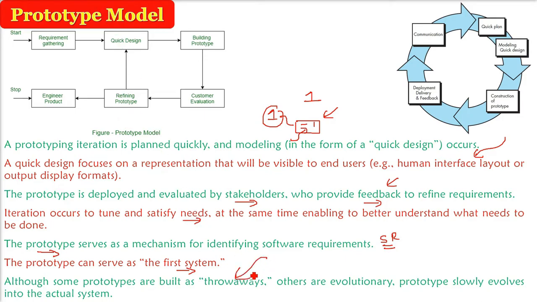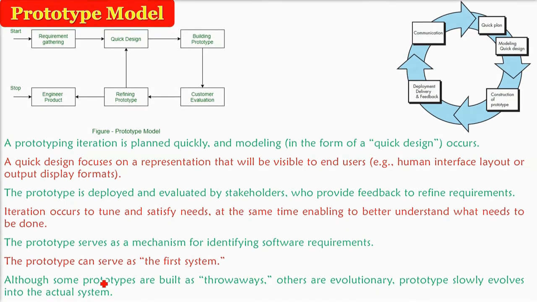Means you will give the prototype, customer will give you feedback and you just throw it in the dustbin. But there are certain projects, this throwaway will become the actual system. This is always possible in the prototype model. So normally, the first prototype is always a throwaway which you just give to be evaluated to clear the requirements.